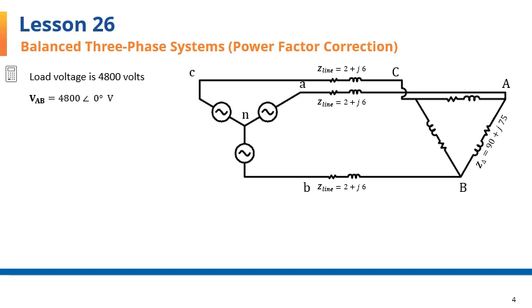Once the system is set up with the capacitors in place, it will be analyzed and the results will be compared to the answers from lesson 25B to get a sense of the improvements in various key indicators of the system performance.